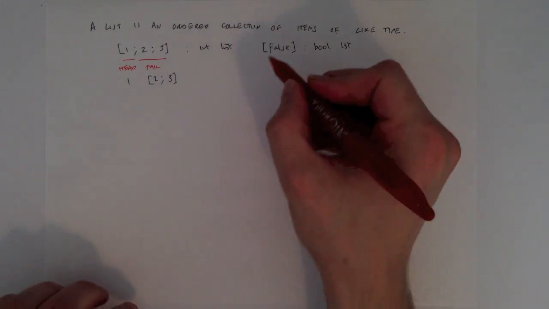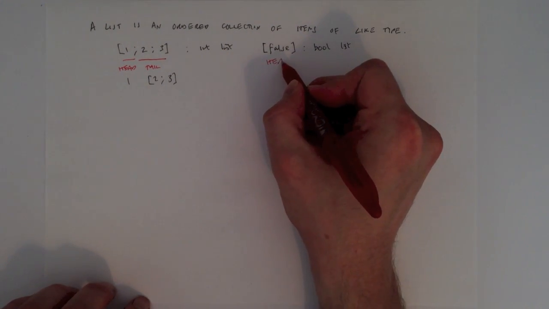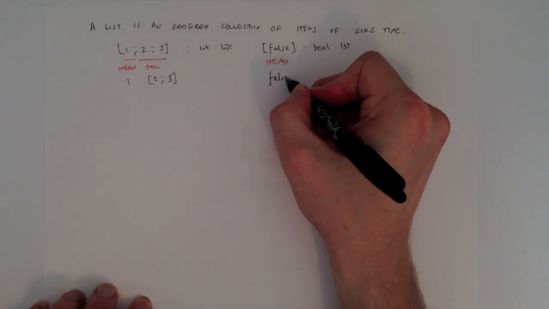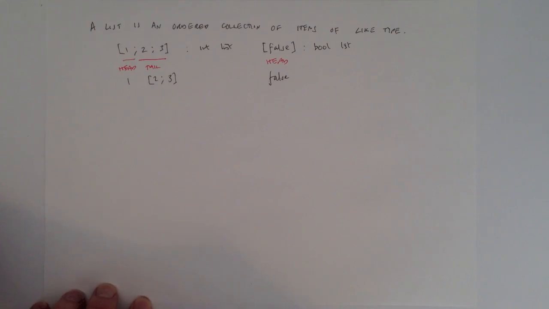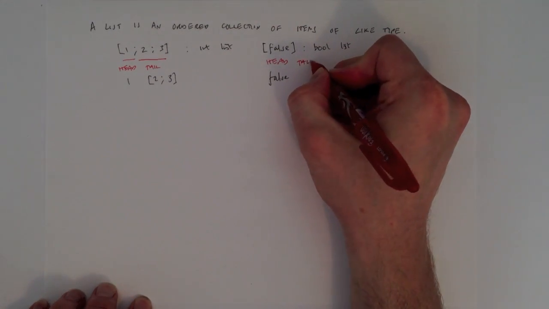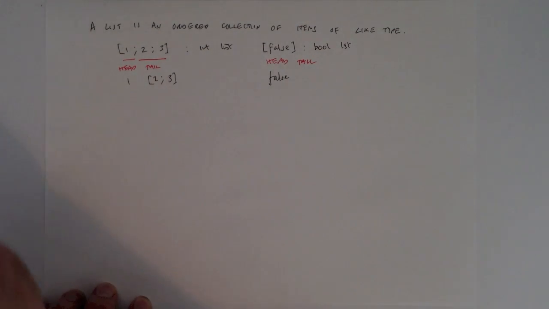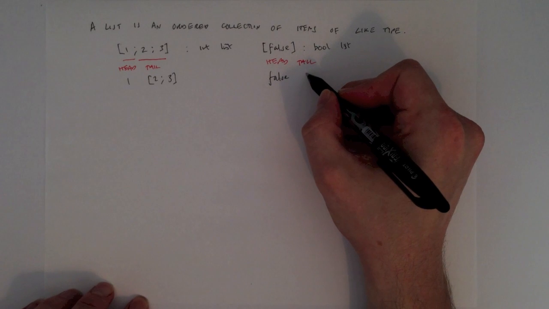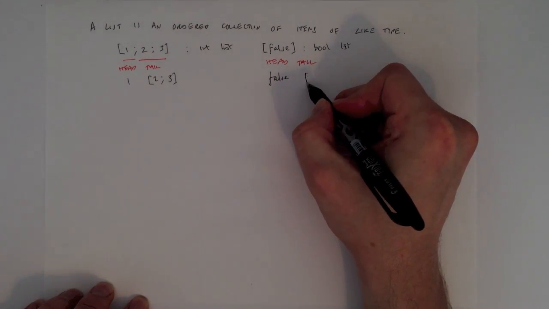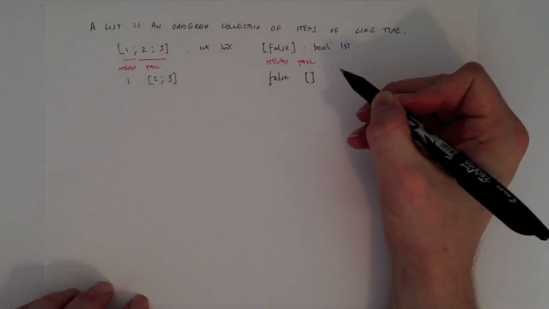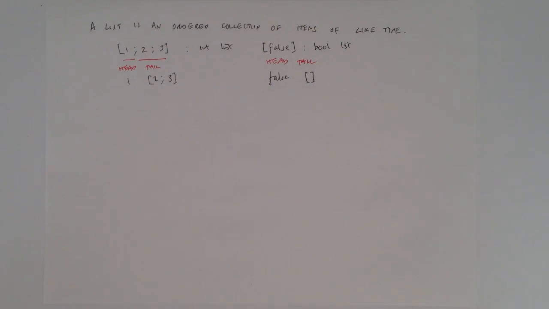Well, in this case, the head of that list is the boolean false, and the tail of the list is what? Well, it's the list containing no items at all, which is the empty list. And we can see that that has the same type again as the whole thing. The whole thing has type bool list, the empty list in this instance has type bool list too.